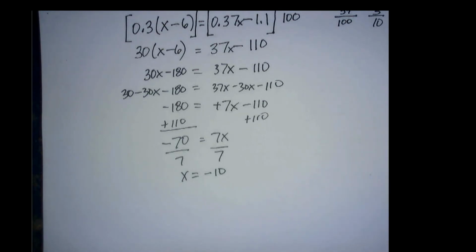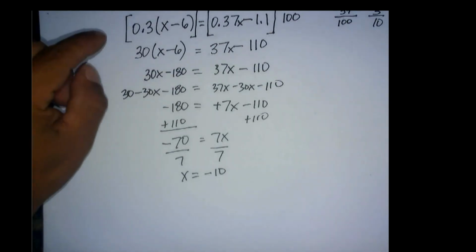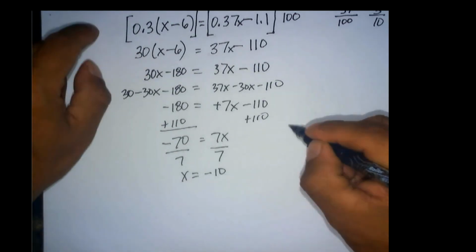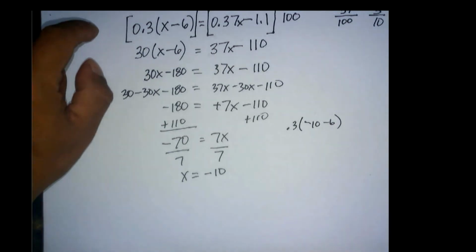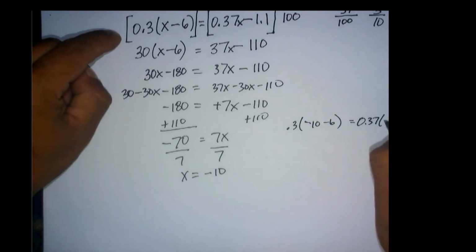Now that's easy enough to check, maybe. Three times 16 is 48, so this side would be negative 0.48. If I plug negative 10 in for x, we'll have 0.3 times negative 10 minus 6 is equal to 0.37 times negative 10 minus 1.1.